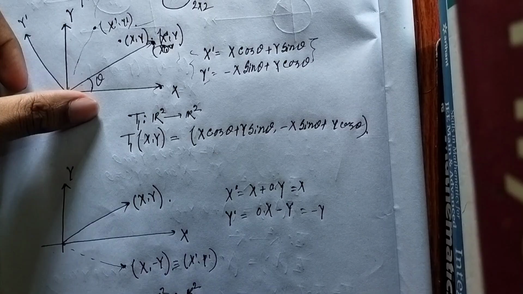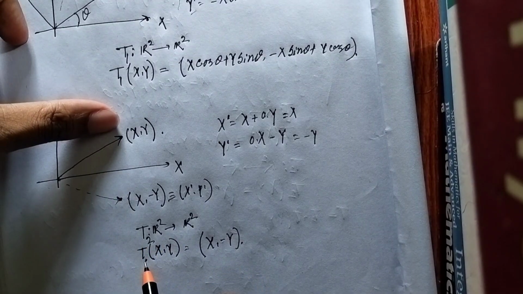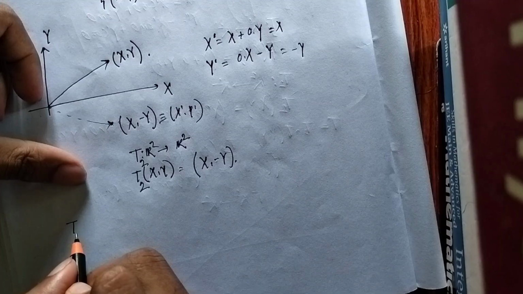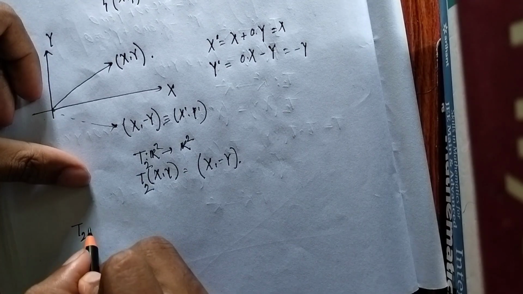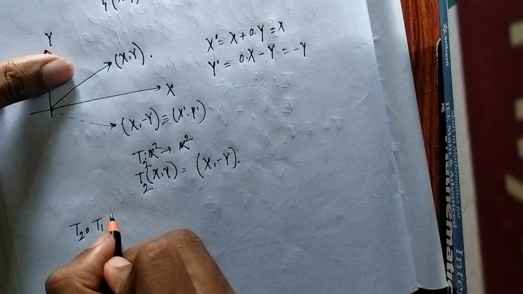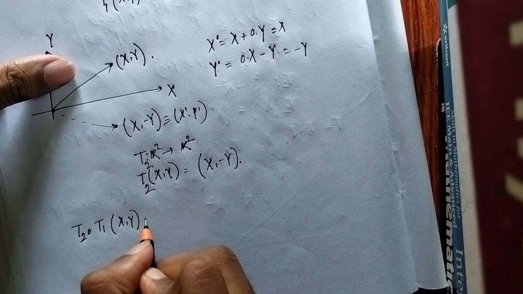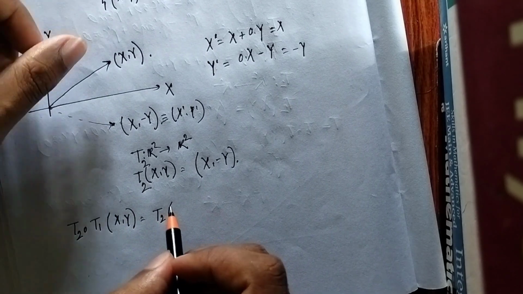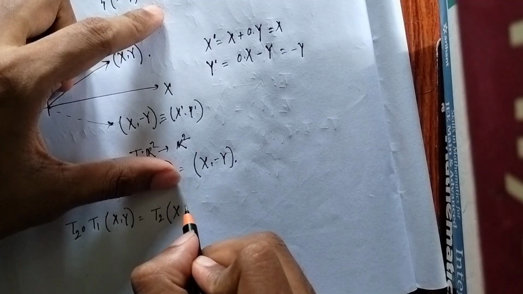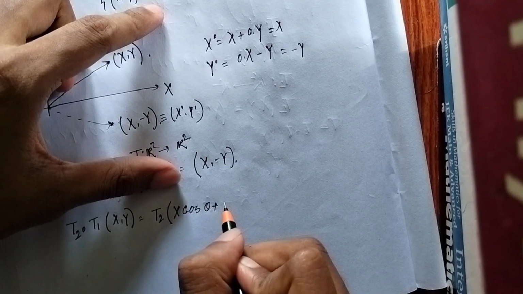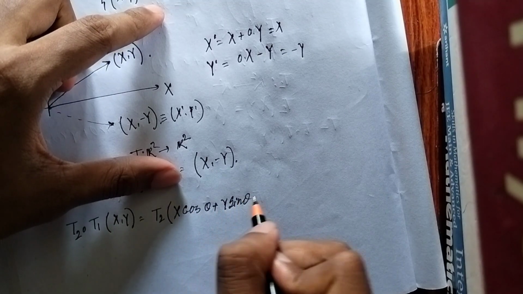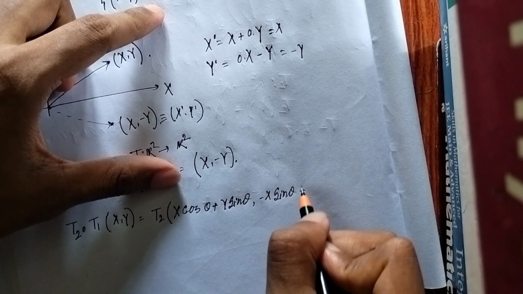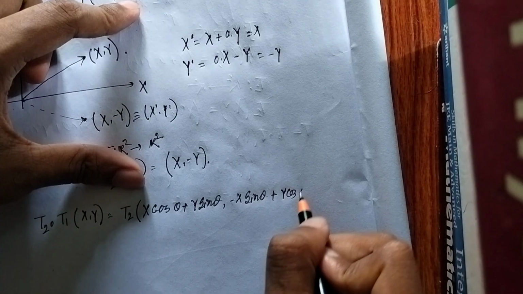Now Arthur Cayley noticed one thing: if we compose these two transformations, let's say this is t1 and this is t2 for convenience. If I first apply t1, we get x cos theta plus y sin theta, and minus x sin theta plus y cos theta.